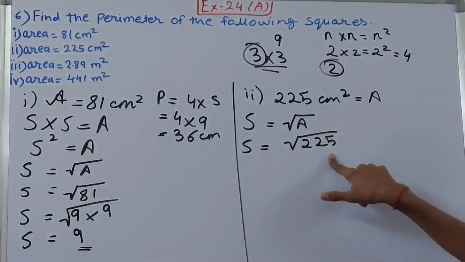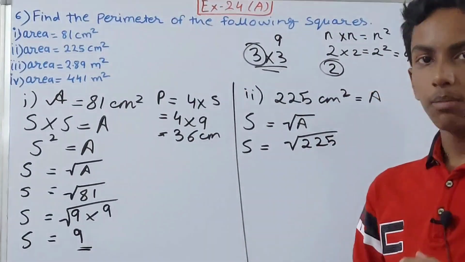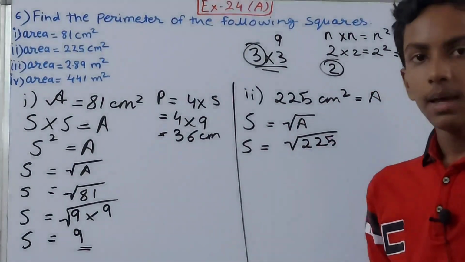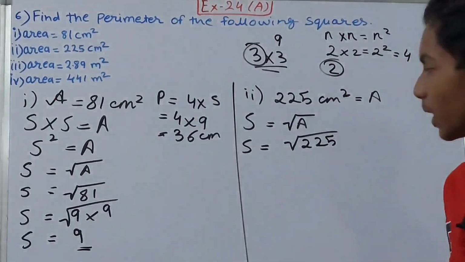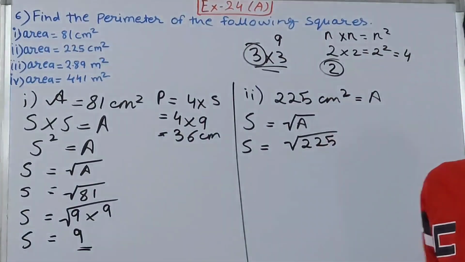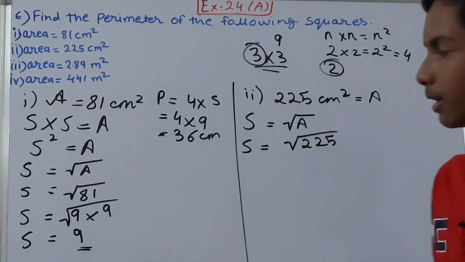Now again you have to see the multiples of different numbers. We must know the square roots. We should learn the square roots at least till 20. That will help us a lot.